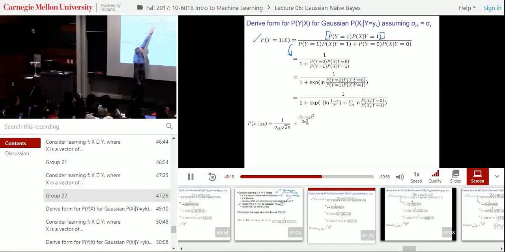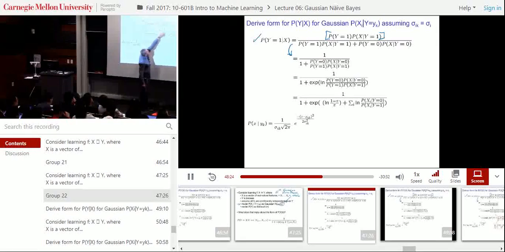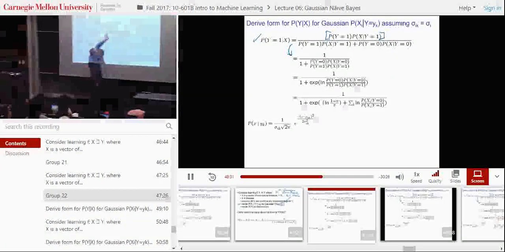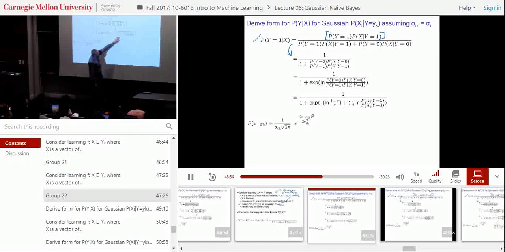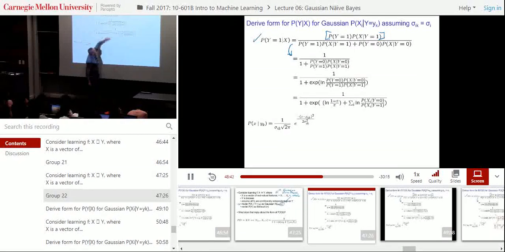So I'm just substituting that because now in the next step, what I'm going to do is separate out the log of the product into the sum of the logs. And so here is this term. And this one is just the log of the probability that y equals 0 over y equals 1. And recall I use pi as my parameter for that prior P of y equals 1.